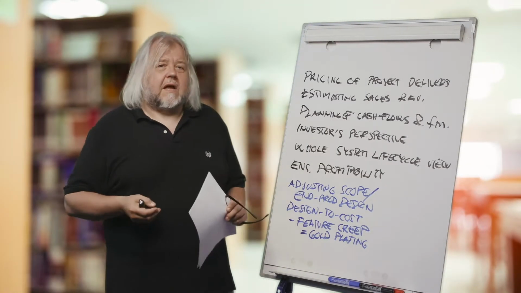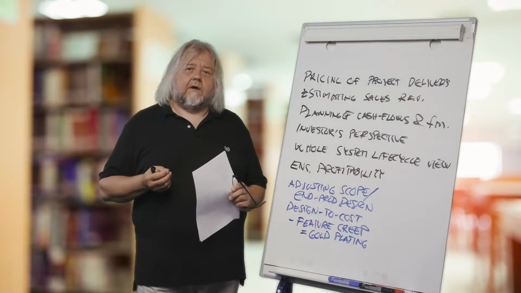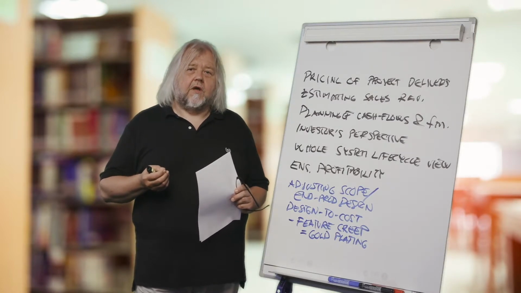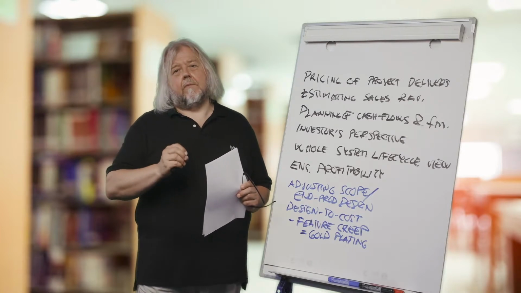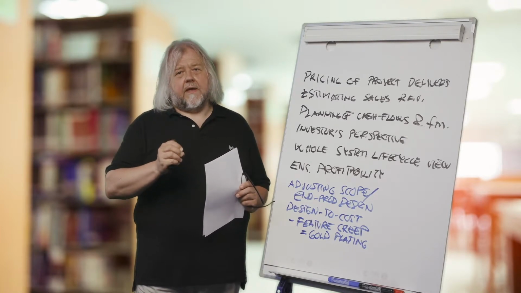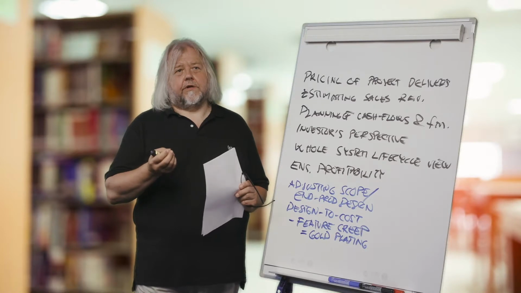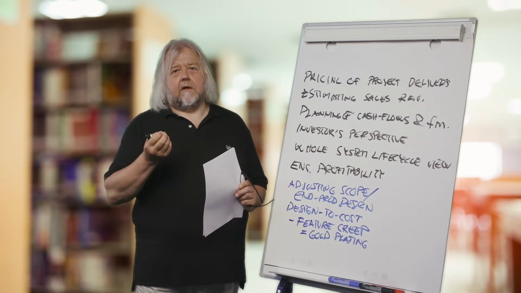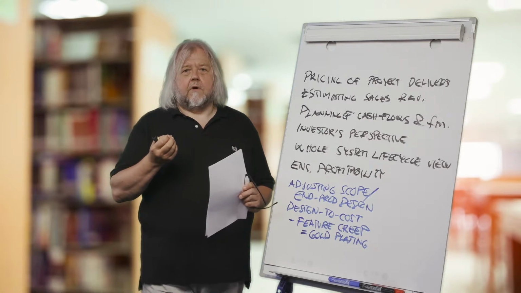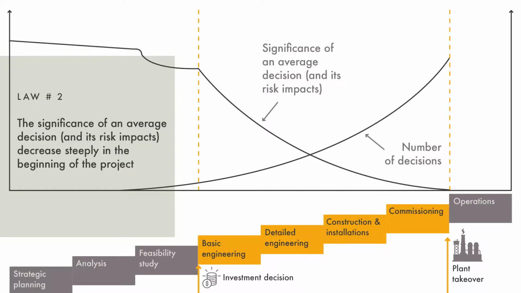Just as I said with the previous law, there are really important decisions in the beginning of the project, and they must be carefully considered. They are significant decisions that hold through the whole project.